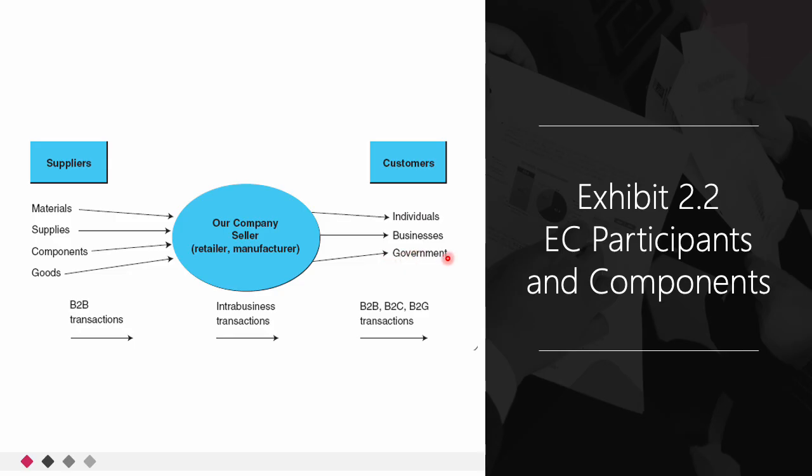Or if it's a government, they do catering for a city hall event, something like that. So we need to understand this connection. These are the rules to manage supply chains and sales, and you as future entrepreneurs or managers will use these models to design strategies.